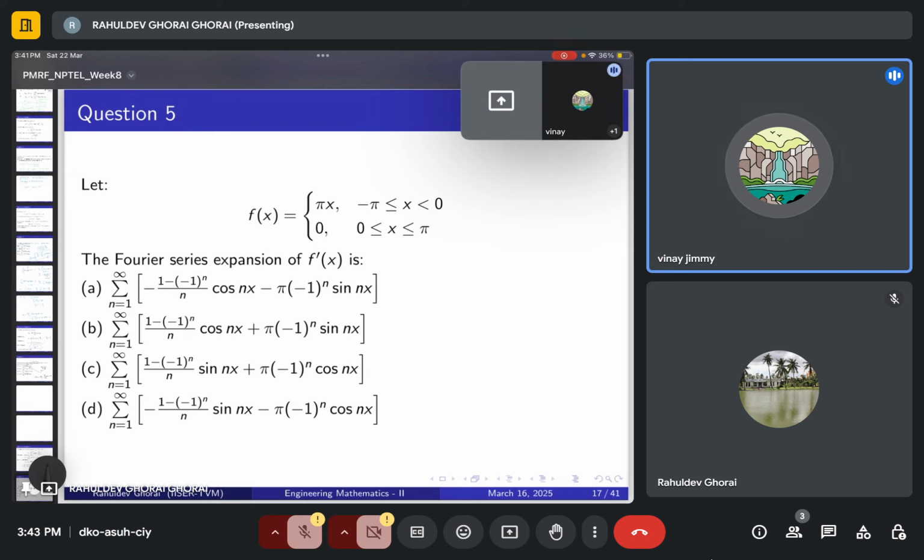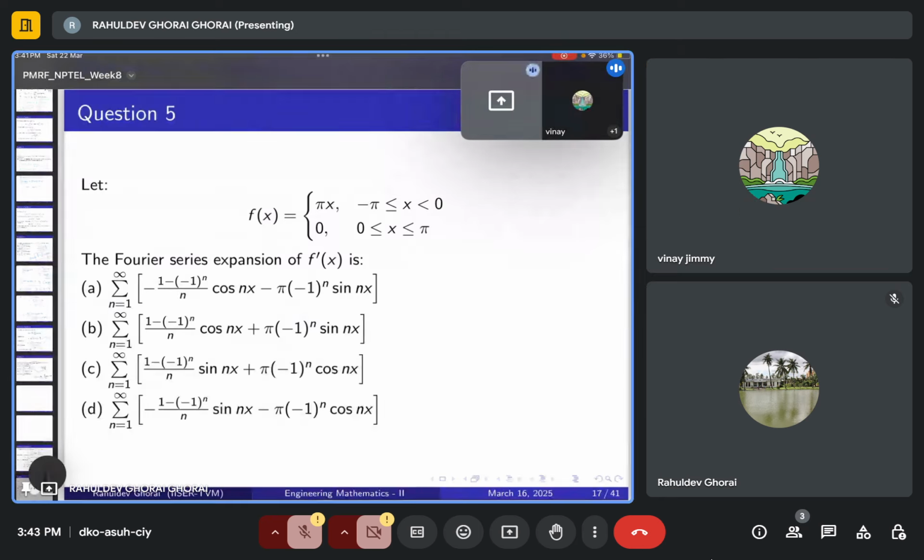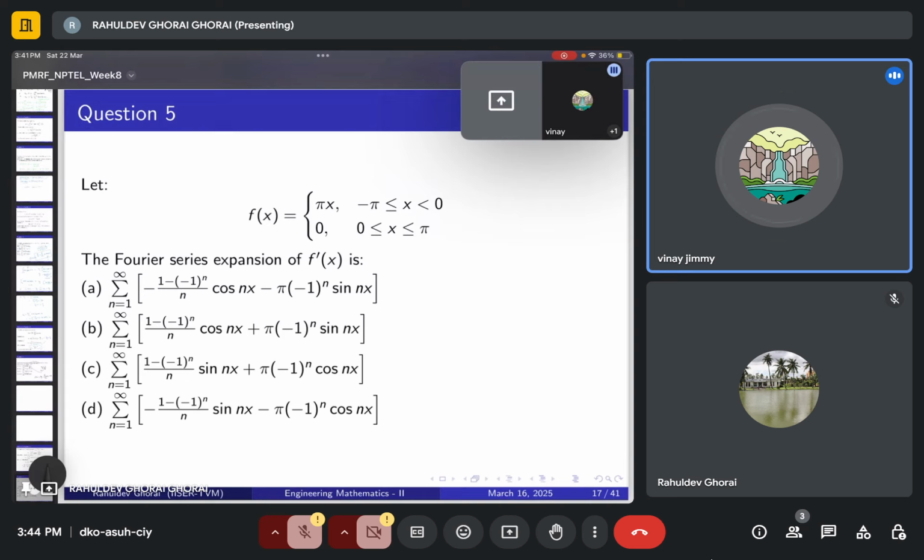Not differentiable, sir. The function is not differentiable, but you can write the Fourier series expansion of the function. Pi is not equal to minus pi, that is coming.